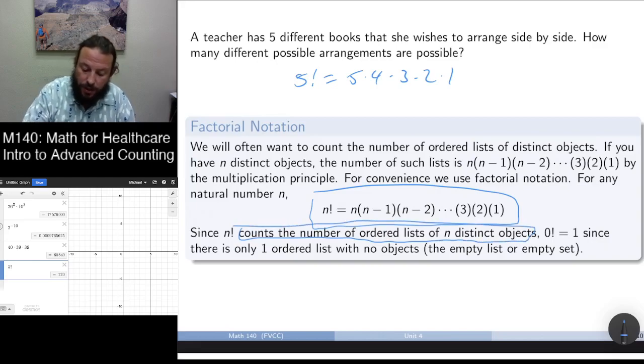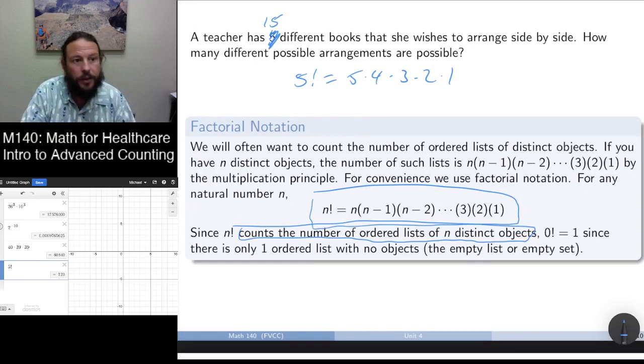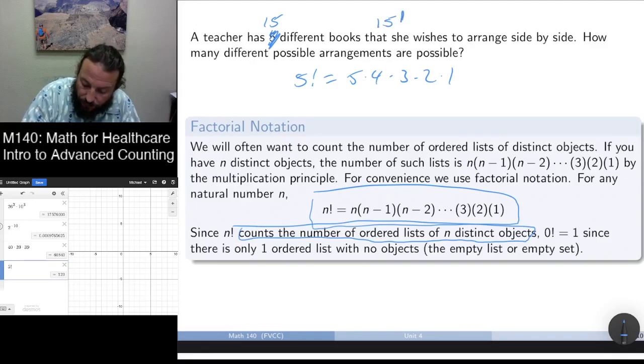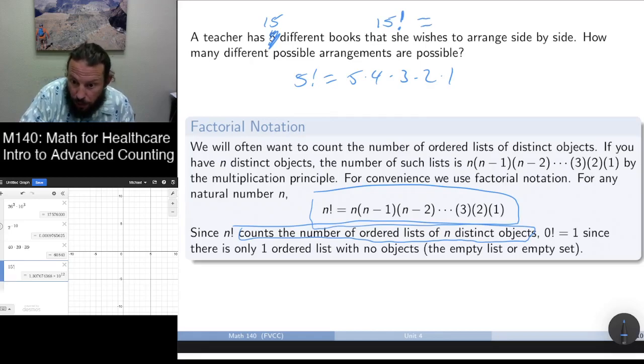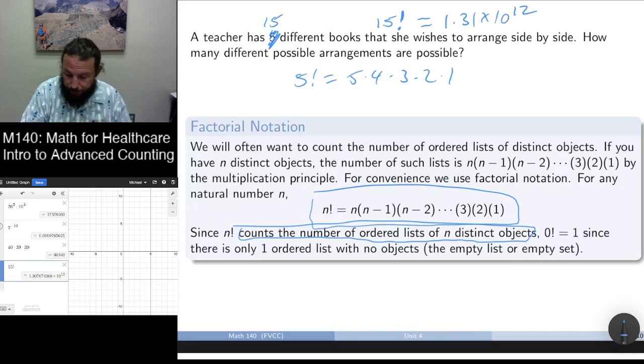So for instance, let's say I am instead doing the problem where a teacher has 15 books. How many different possible arrangements? Well, it's 15 times 14 times 13, but we don't want to write all that out. We're advanced enough to say that's 15 factorial, and we could plug that in, and that turns out to be about 1.31 times 10 to the 12.